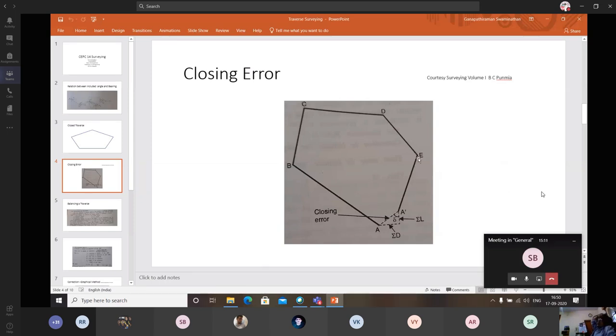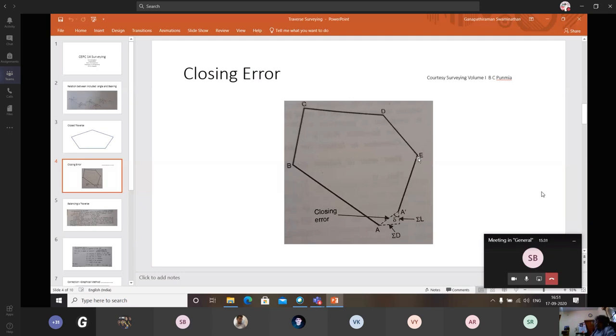See, surveying has two components. One is office work and the other is field work. Do you understand that? What you do in the field is field work. So you'll be observing the length, you'll be observing the bearing, all these things. But when you come to the office, what will you do? You start plotting it.